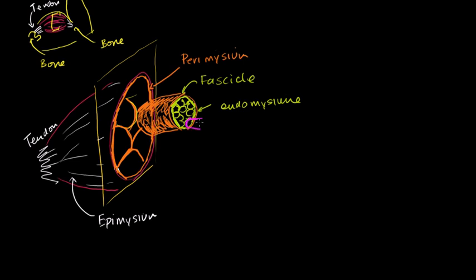Just like that. So if I pull this out, this is an actual muscle cell. This is what we wanted to get to, but we're going to go even within the muscle cell to understand how all the myosin and the actin filaments fit into that muscle cell. So this right here is a muscle cell, or a myofiber.